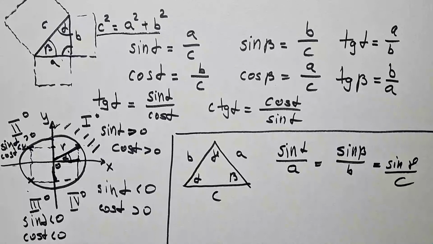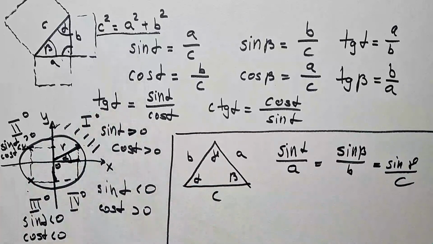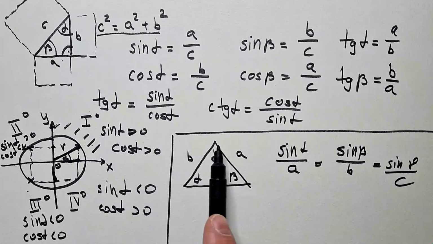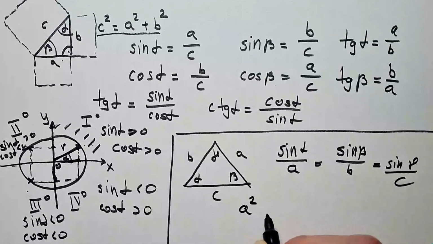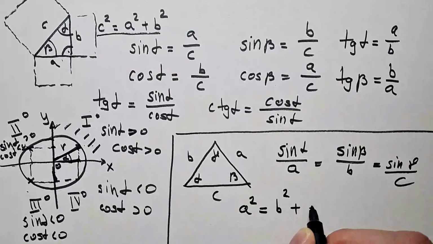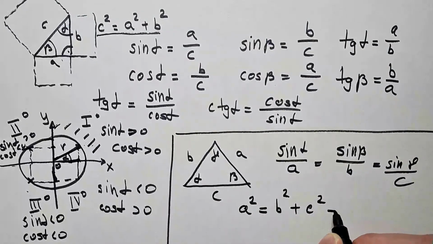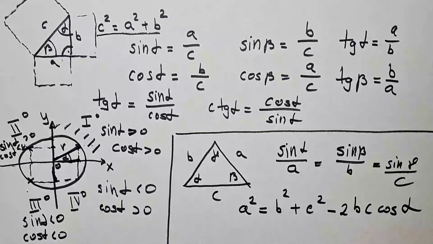There is also the law of cosines, which is the extension of the Pythagoras theorem to triangles that are not right angle triangles, and that one says that a squared is equal to b squared plus c squared minus 2bc cosine alpha.